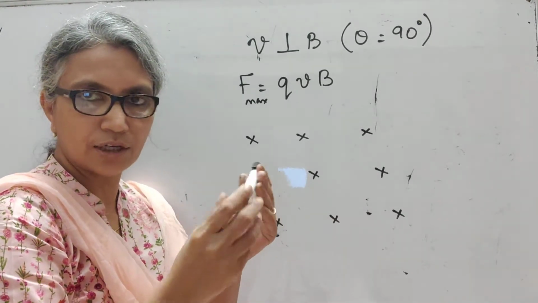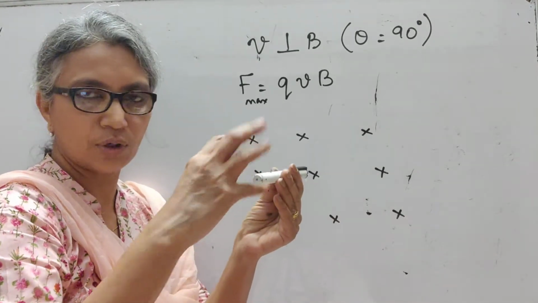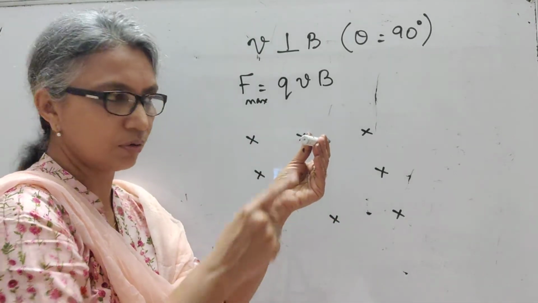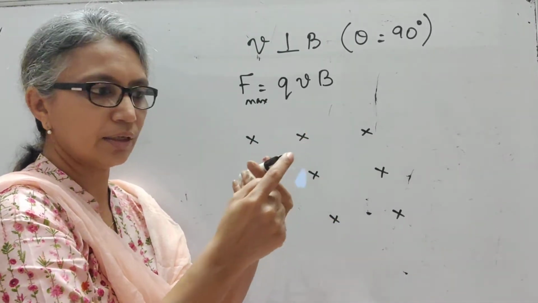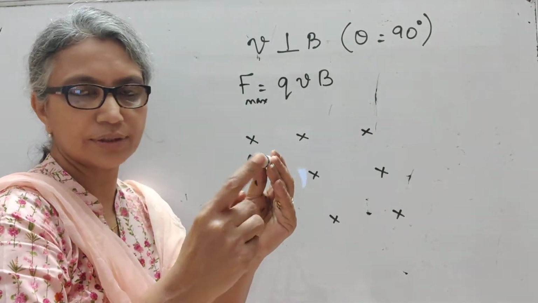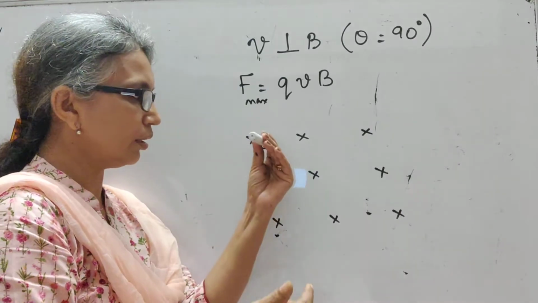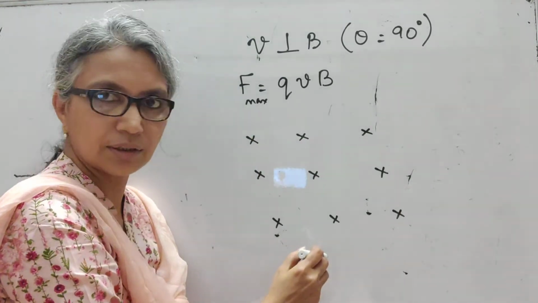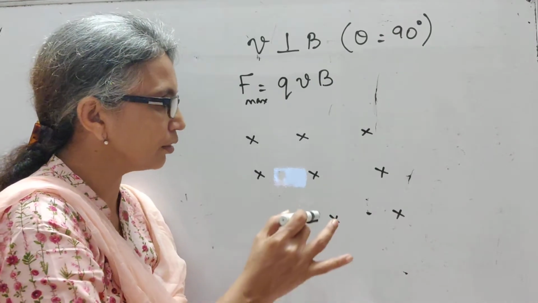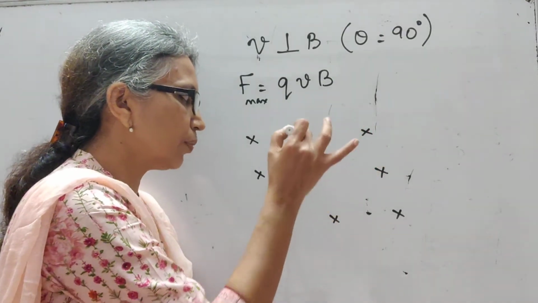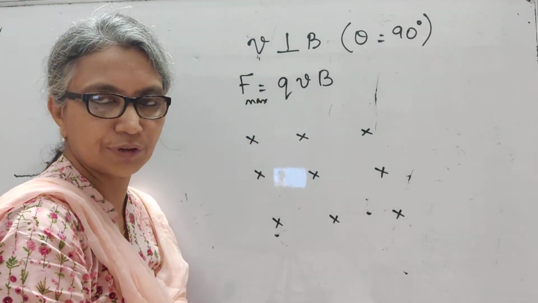If you know how you draw the arrow, at the back you have that feather thing, which is represented by the cross, and in the front they represent it with a dot. So if it's coming out, you will see the dot. If it's going in, you will see the cross. So if you see something like this, please understand that the magnetic field is perpendicular to the board and into the board. This is the direction of the magnetic field.